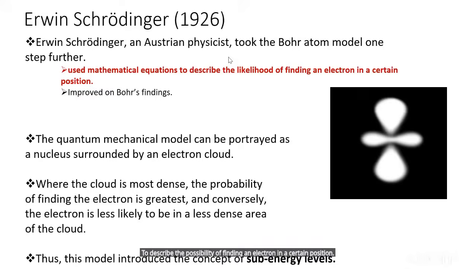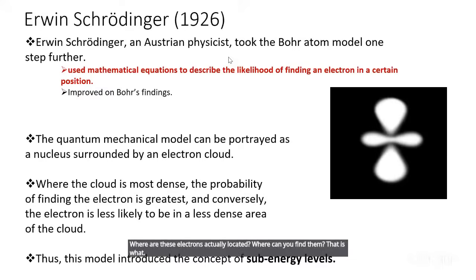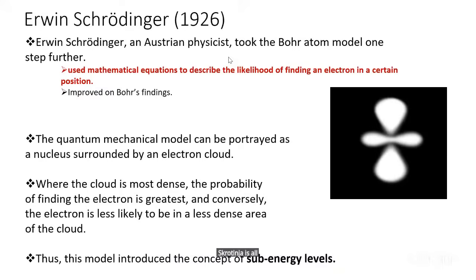Okay, it's true that you have energy levels where you can find electrons. Where are these electrons actually located? Where can you find them? That is what Schrödinger is all about: the probability of finding an electron.